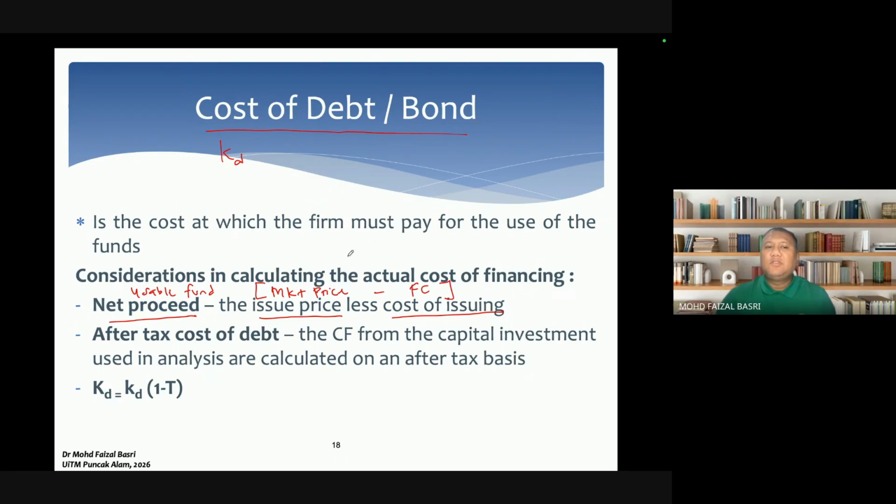And satu lagi konsep when we do cost of debt adalah the concept of the after tax cost. Because out of the three options, okay, bond sahaja kita akan take into consideration the cost after tax.